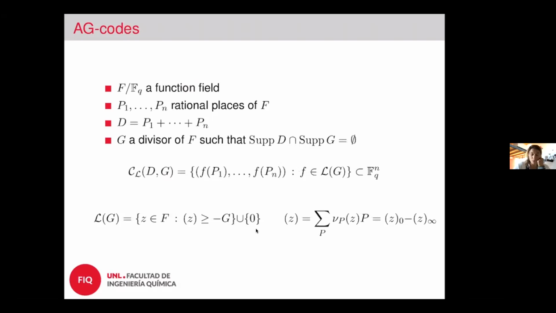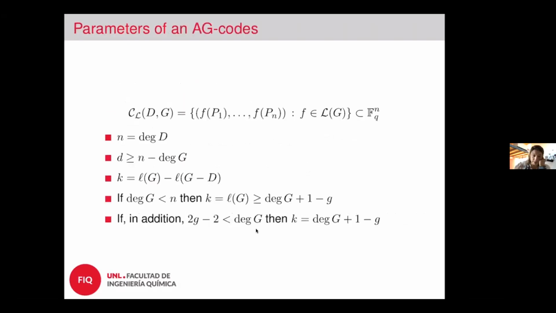It is well known that the parameters of these codes are, well, the length is obviously the degree of D, the amount of places that I'm taking. The minimum distance is greater or equal than n minus the degree of G. This is because of the amount of coordinates that can be 0.